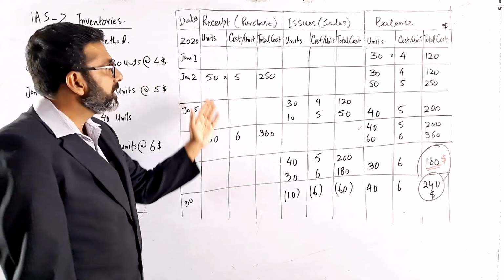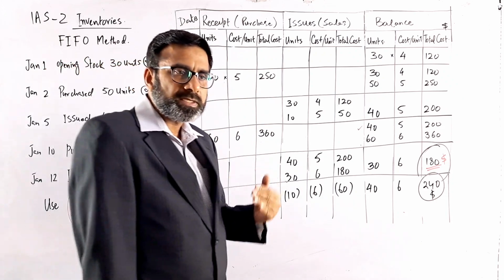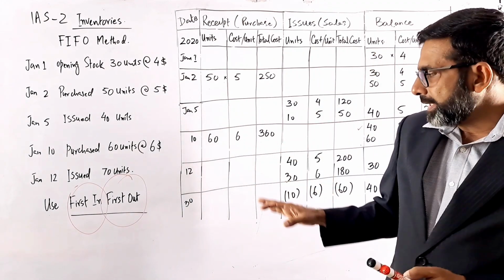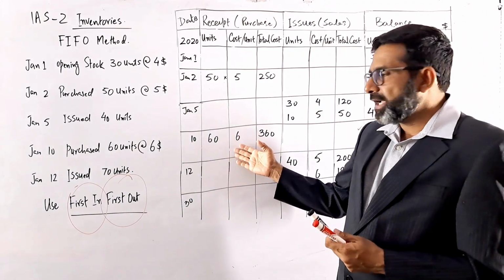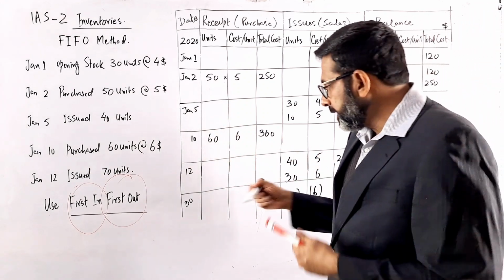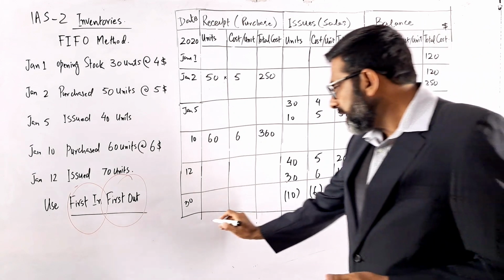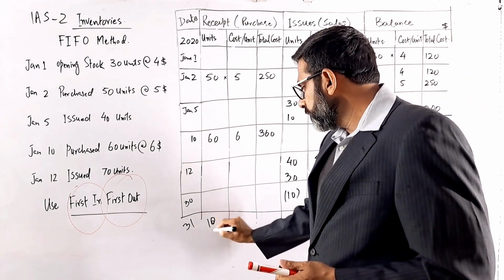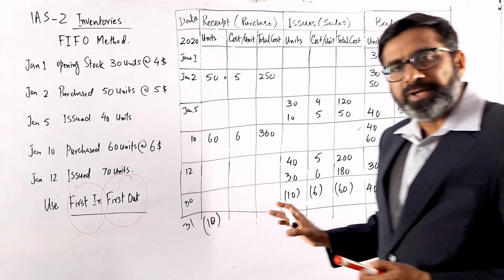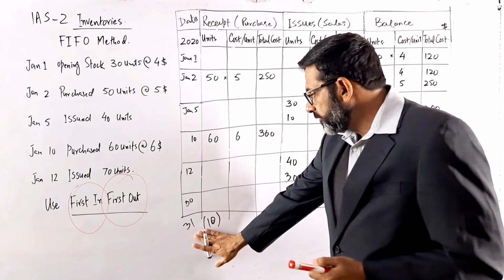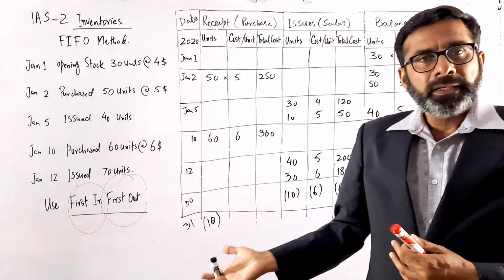The same thing will apply for purchases. If we are purchasing something and then returning it to the supplier, whether 5 units, 10 units, or 20 units, what will happen? For example, on the 31st, the 10 units that we received from the customer or from the production house due to any fault, we may return to the supplier.